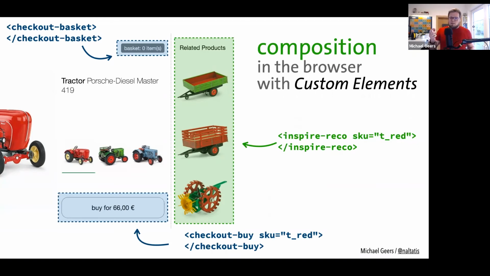In the place of the box, the team owning the product detail page just inserts this inspire reco with the correct SKU for the recommendations that should be shown there. And the implementation, what this means, what product should be shown there, isn't important for the team owning the product page, but it is an implementation detail for Team Inspire.